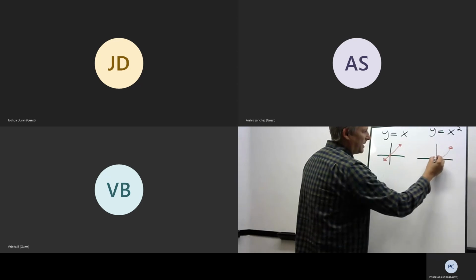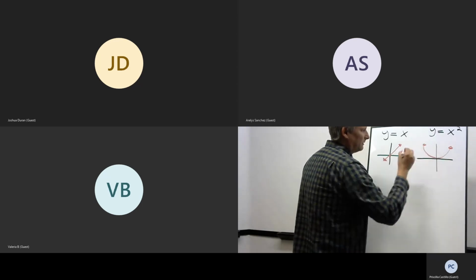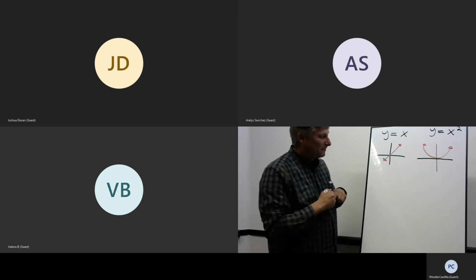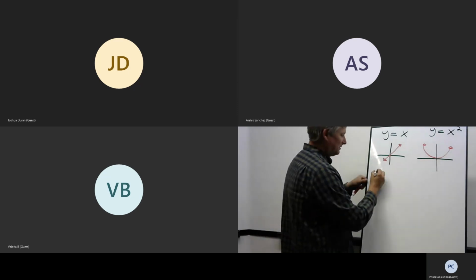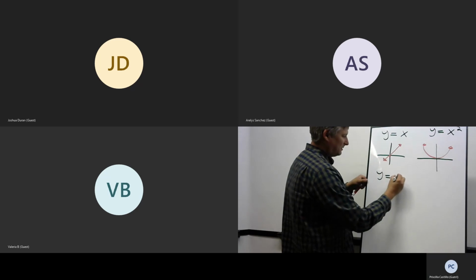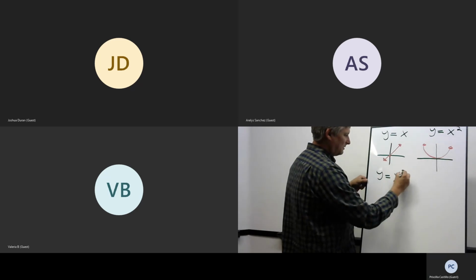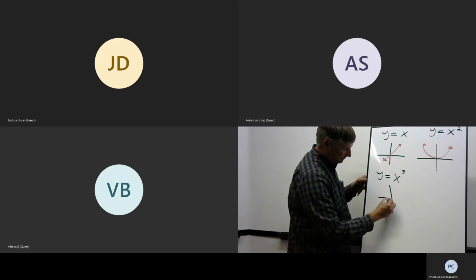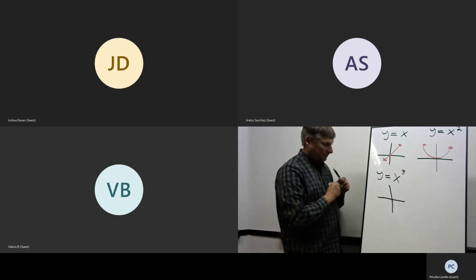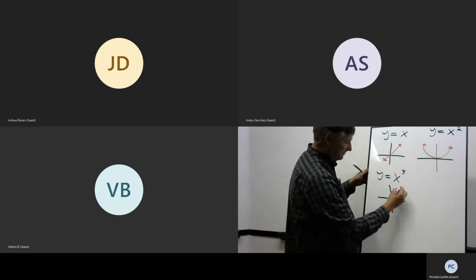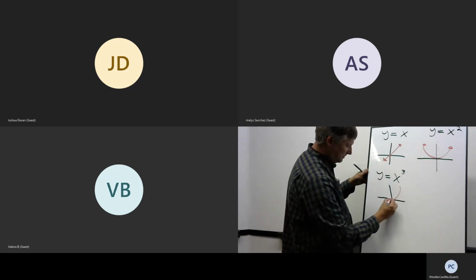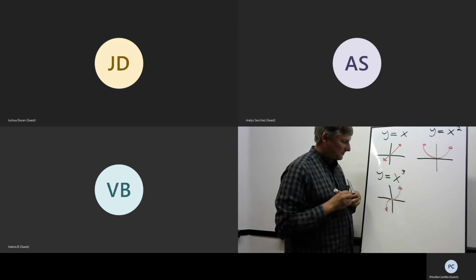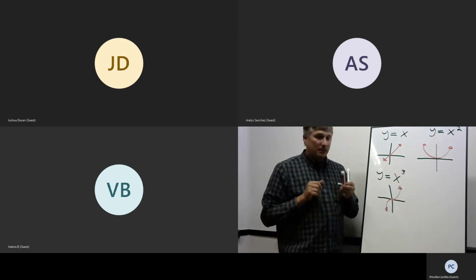It actually smooths out like that. So that's y equals x squared. Y equals x cubed. The one we just saw.